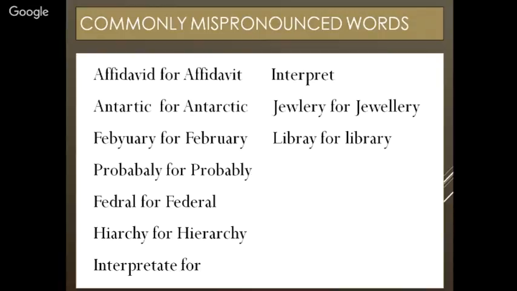Library. Not library. Library. Often. In Britain, they say often also. Now again, from country to country, it may differ. Like envelope and envelope. So we can say envelope or envelope also. Both could be correct.